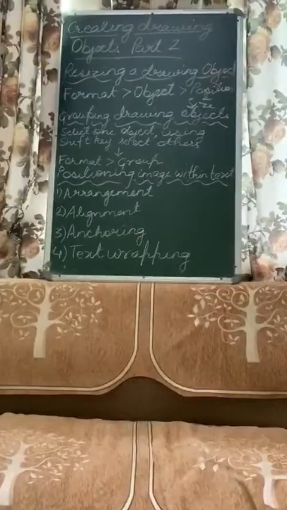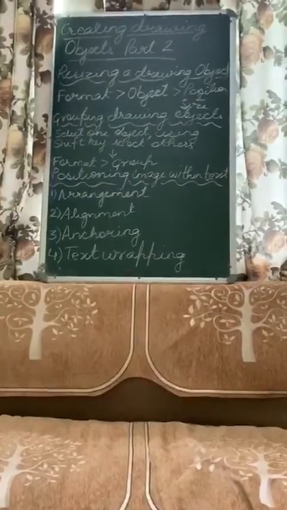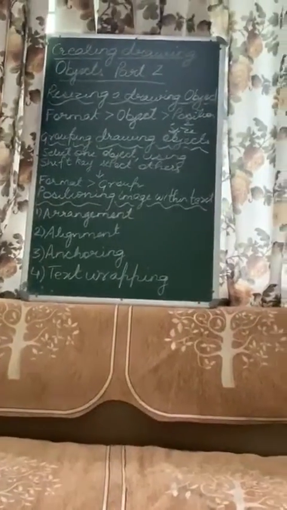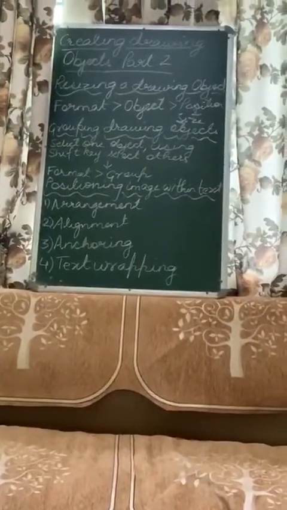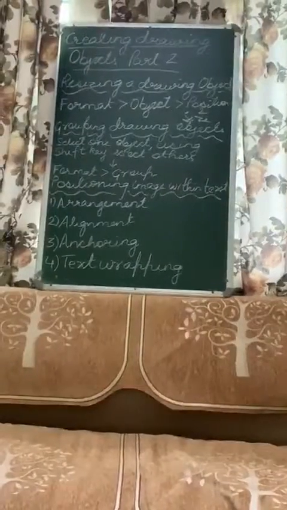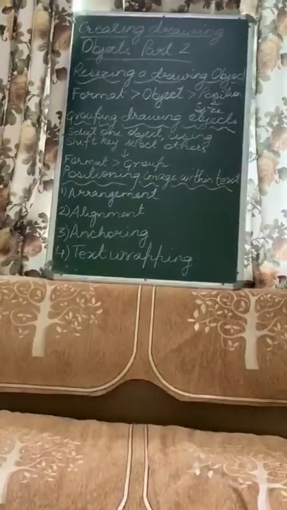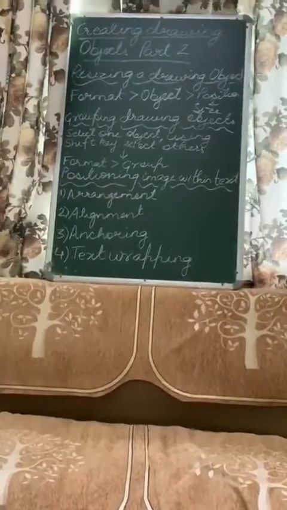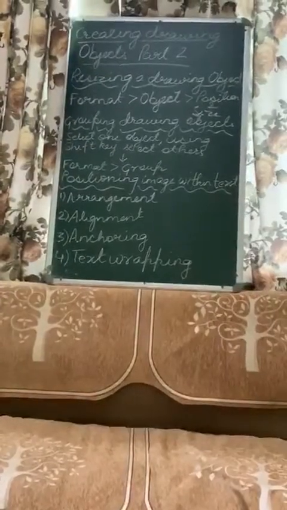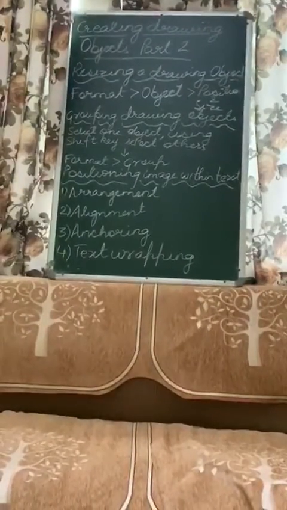Now next is positioning the image or graphics within the text. Earlier we have studied how you can arrange the text around an image. Text wrapping you have studied in class 9. Now here, when you add a graphic to a text document, you need to choose how to position it with respect to the text and other graphics.